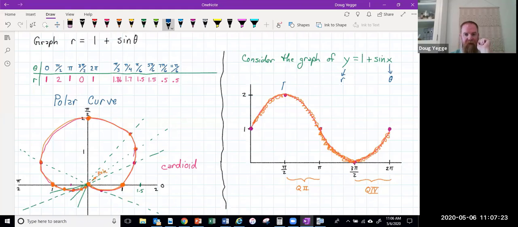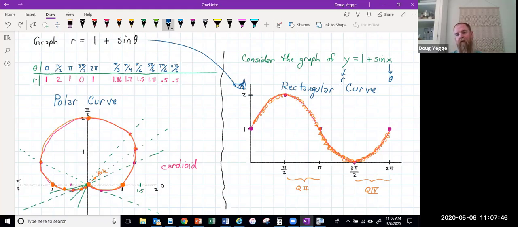This is the polar curve. This is a rectangular curve because we're in the rectangular coordinate system in terms of x's and y's. So this is our rectangular curve that's just helping us to plot our polar curve. So r equals 1 plus sine theta does not look like this.